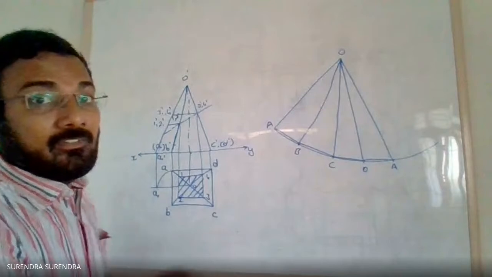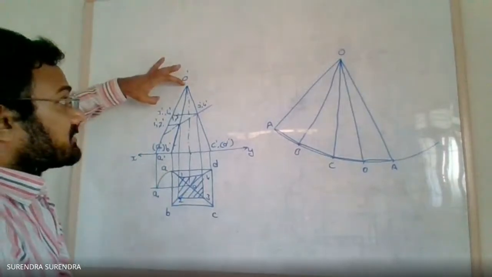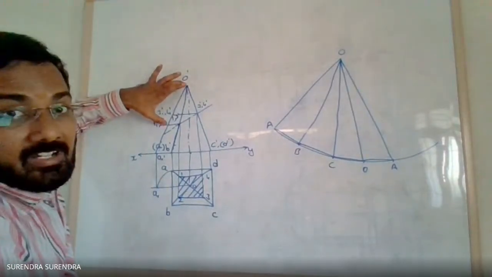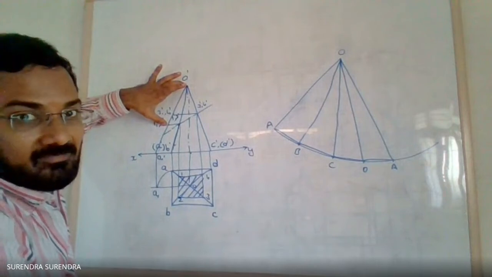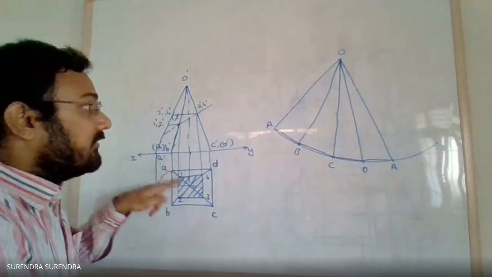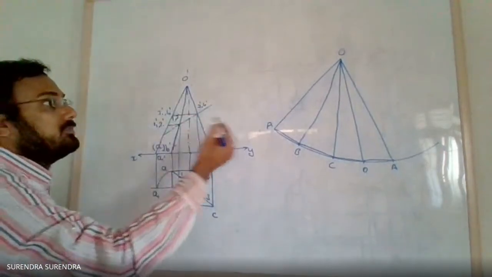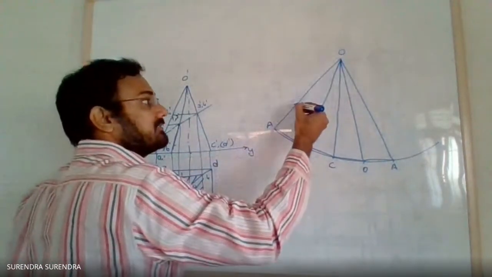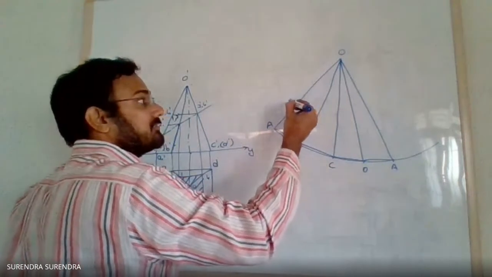So now with the compass, measure the distance from O dash to 1 1 dash on the true slant length. 1 is on AO. So with O as center, draw an arc.